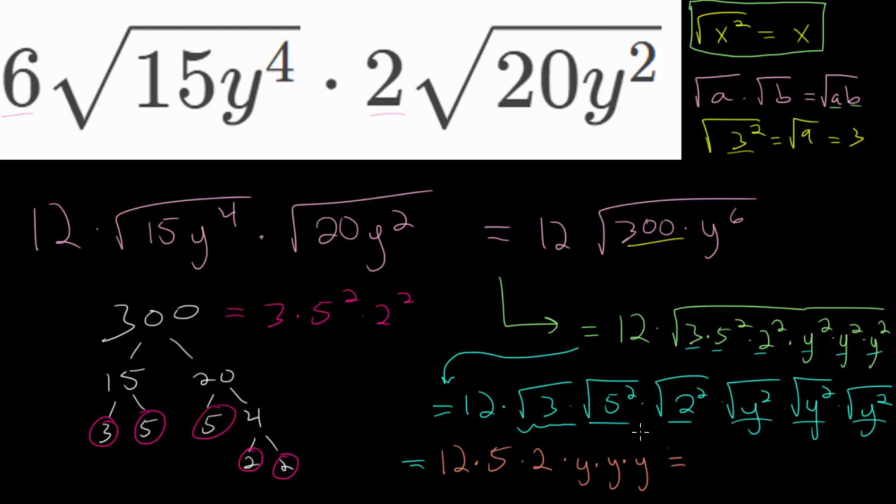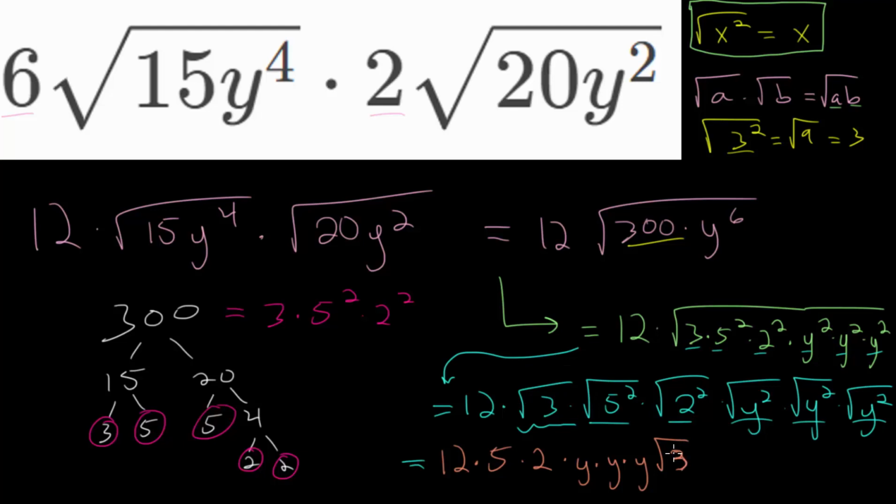And for our final answer, we will just multiply everything together. We have 12 times 5, which is 60, times 2, which is 120, and we have 3 y's multiplied together, which is y to the third, and I realized I made a mistake. I lost this square root of 3 here, so let me quickly put that in. I did mention that we would still have this at the end.